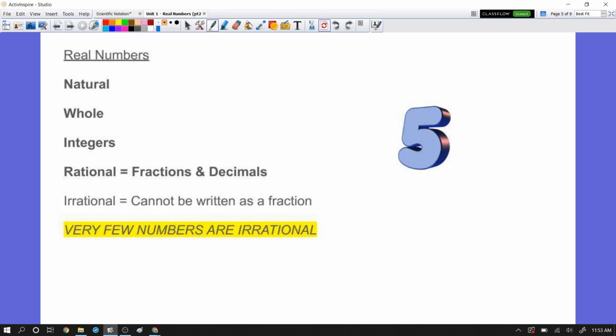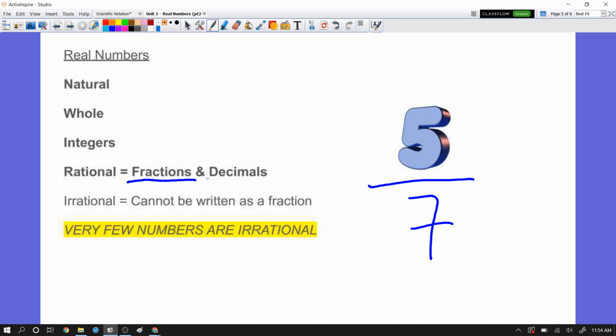Okay, so let's take another look. 5/7. Okay, and anytime that you're sitting there going, heck, man, I don't know, all you got to do is just go, hold on. That's a fraction. So if it's a fraction, it's automatically rational because it includes fractions and decimals.